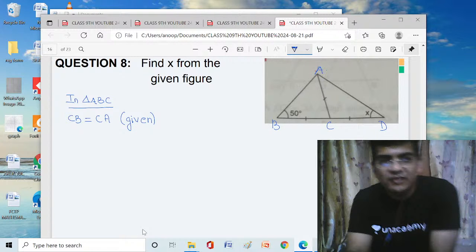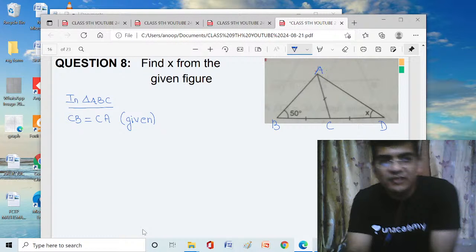Now adjacent to P, I can mark this angle as Q. Now you see P and Q, they are forming a linear pair, so you can get Q. So I can say P plus Q is equal to 180. They are forming a linear pair, so you can say that this sum will be 180.